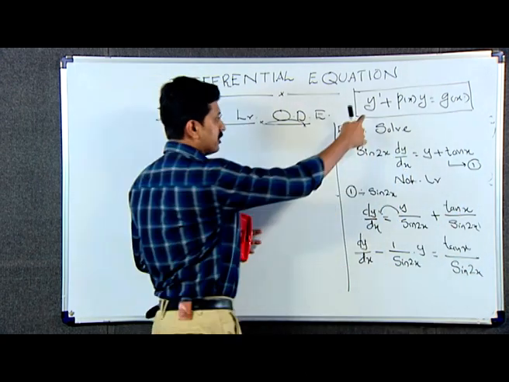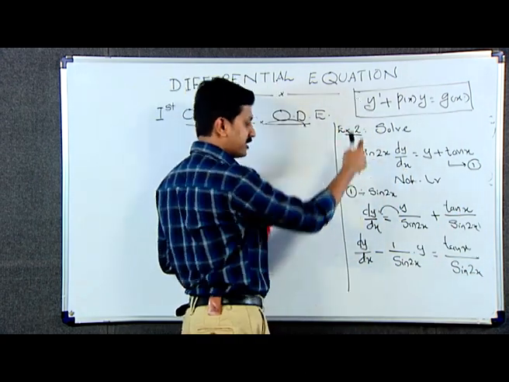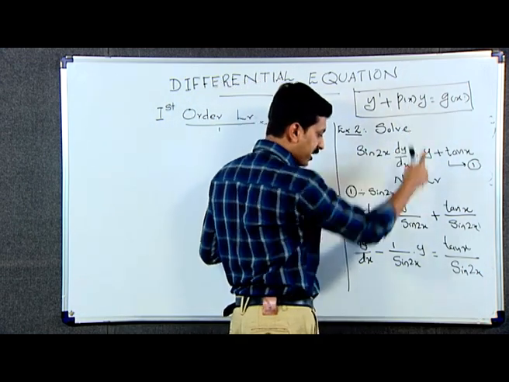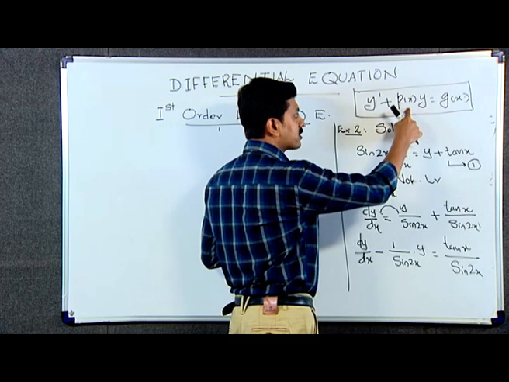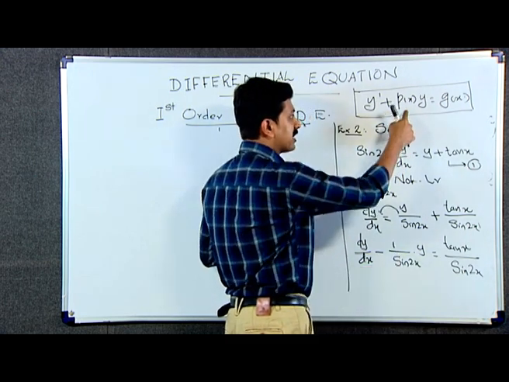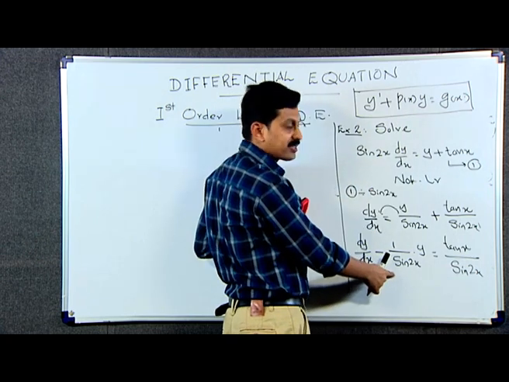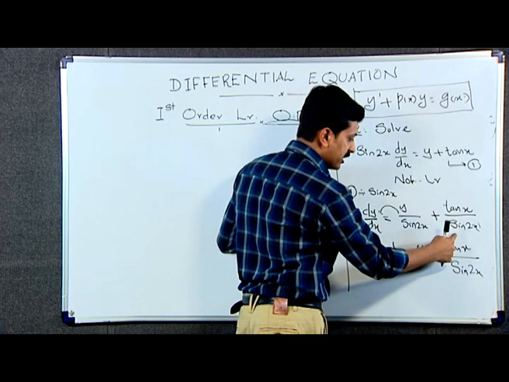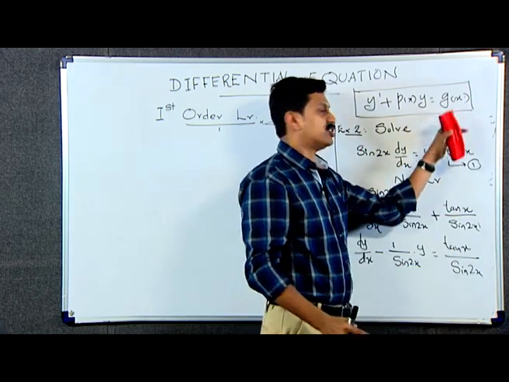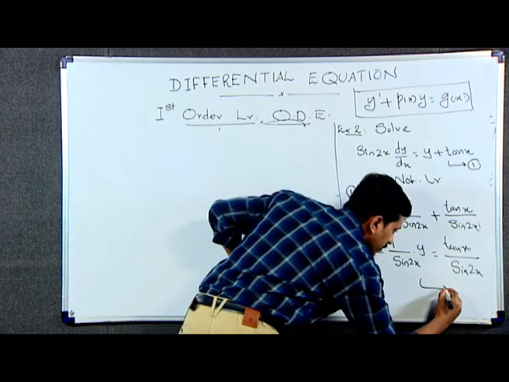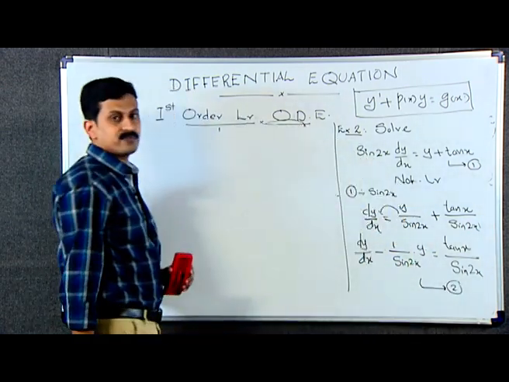See, compare these two. dy by dx is here, y dash is here, and there is a term of y and a function in x, minus 1 by sin 2x, is that function. This is actually the p of x. And g of x is a function in x, tan x by sin 2x is g of x. I am putting this as equation number 2.